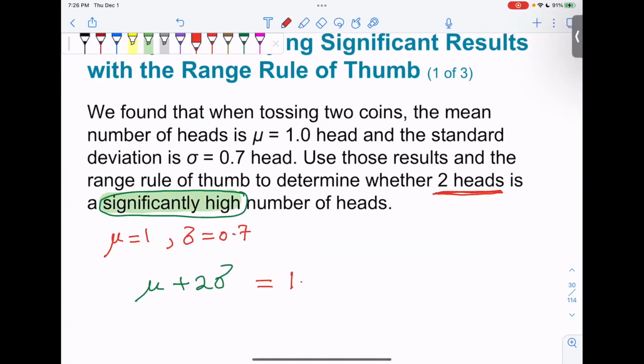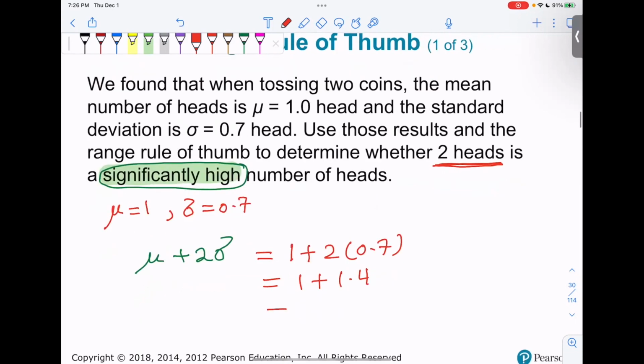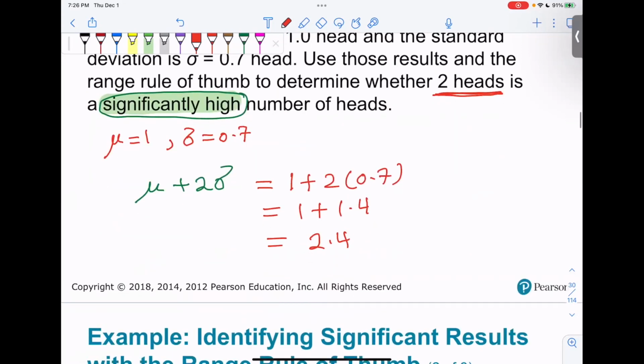So let's find this one. Mu equals 1 plus 2 times the standard deviation, 0.7. So it will be 1 plus 1.4, which is 2.4. Now any value greater than or equal to this value will be significantly high. But here they say two heads, so two heads is not significantly high.